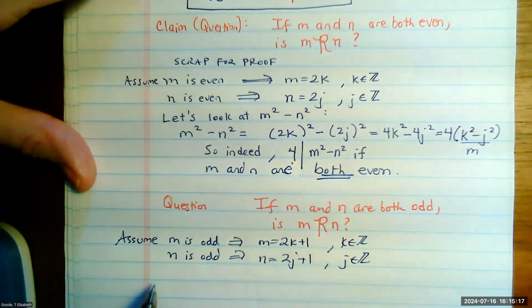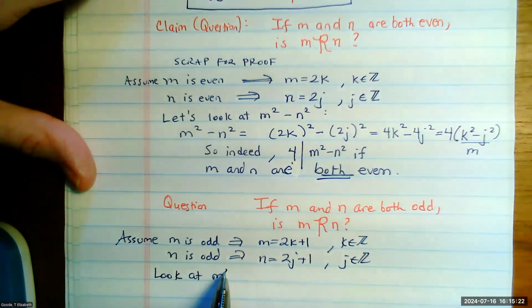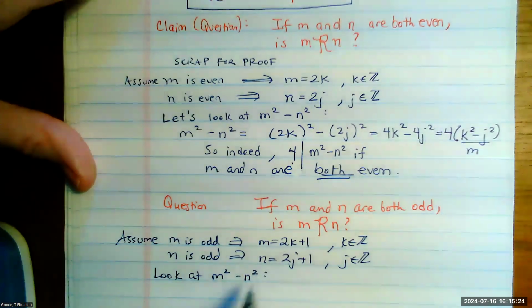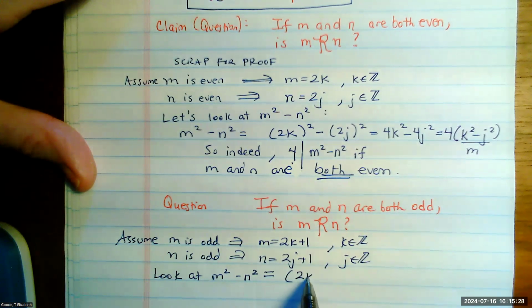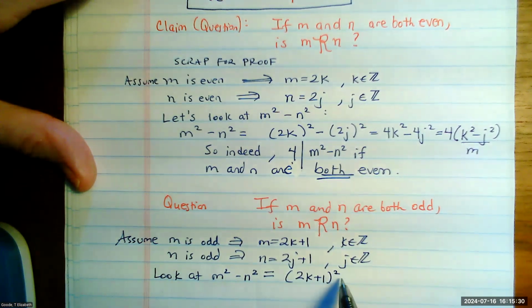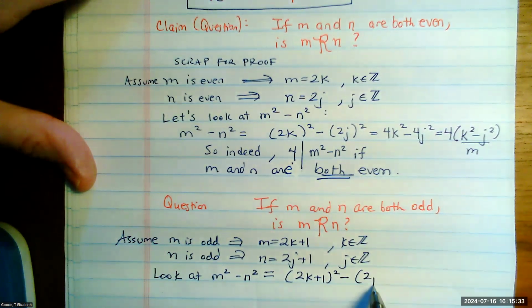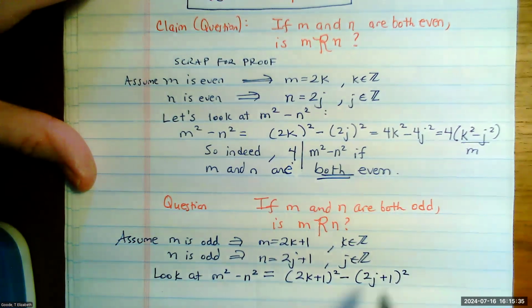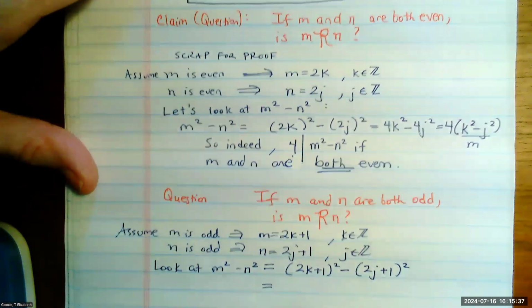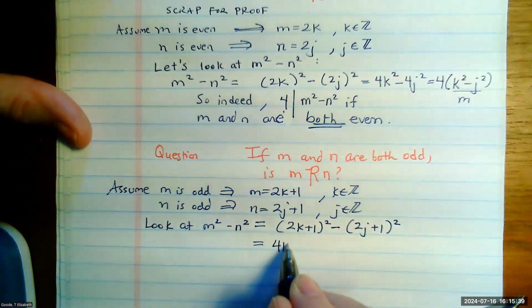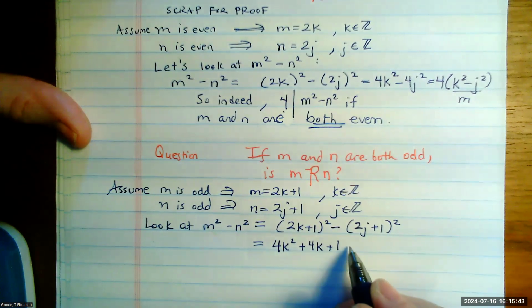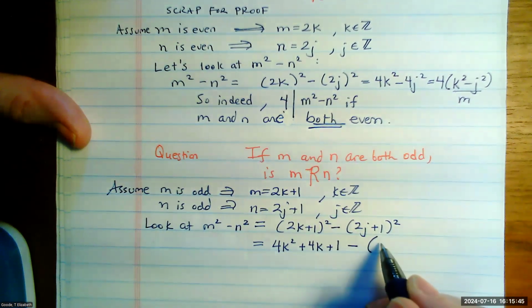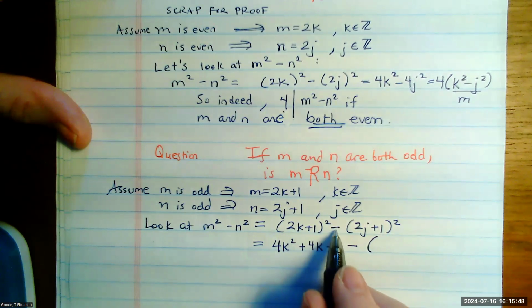And now let's look at M squared minus N squared, which is equal to 2K plus 1 quantity squared minus 2J plus 1 quantity squared. Let's go ahead and unravel this. This is 4K squared plus 4K plus 1 minus the quantity. See, this is a minus.